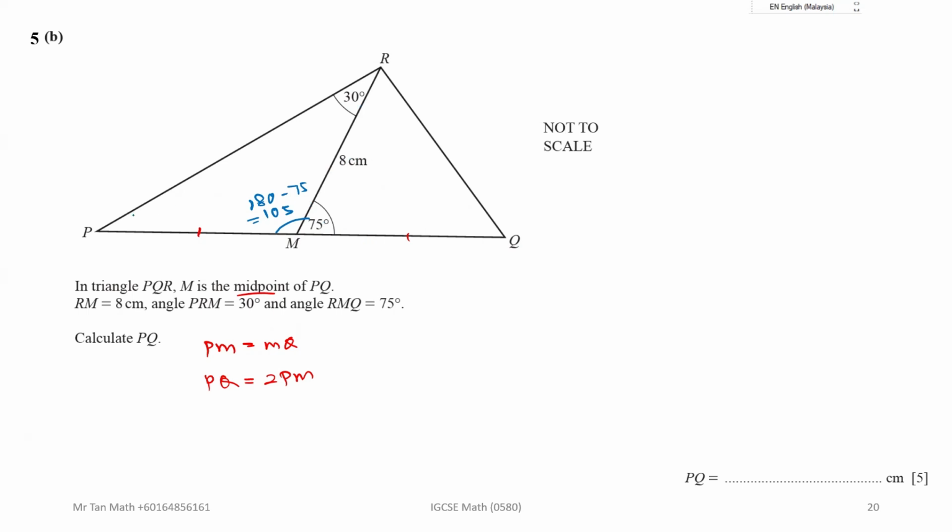Then you can find this angle: 180 minus 30 minus 105 should equal 45. So now you're dealing with a triangle here.